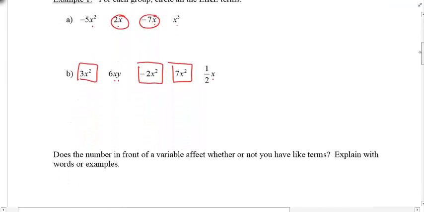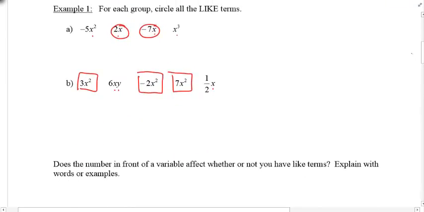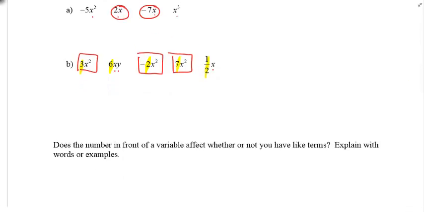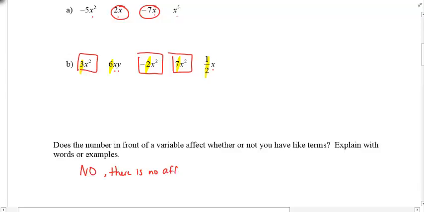Okay. My question to you, looking at example 1, is does the number in front of the variable affect whether or not you have like terms? So, does this number here affect whether they have like terms or not? And the answer should be no way. No. Okay, there's no effect. What does matter then?